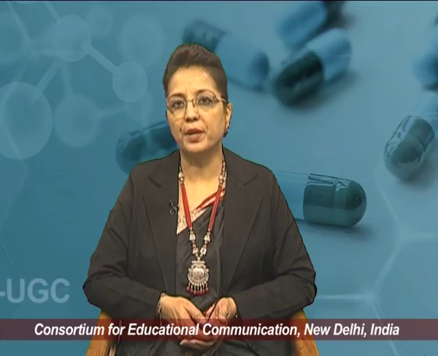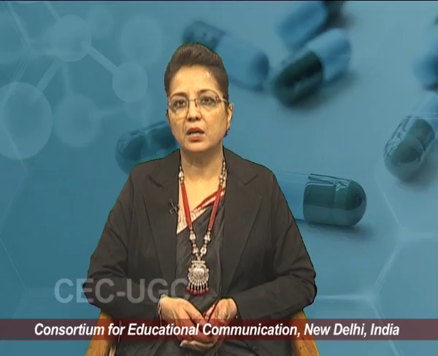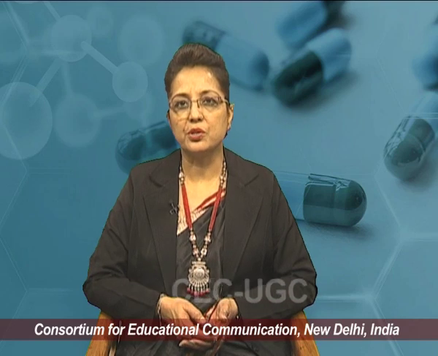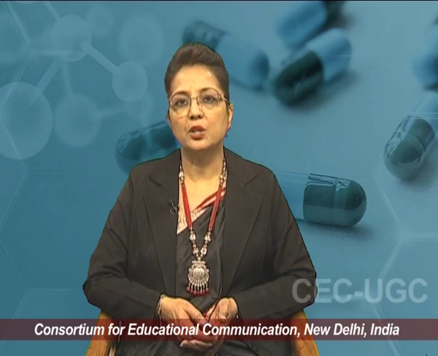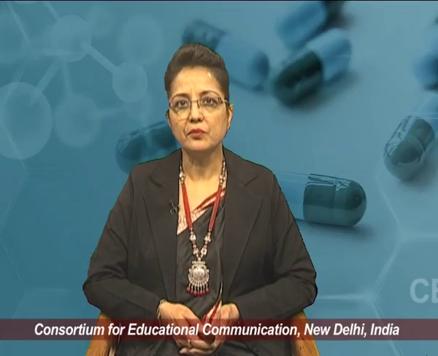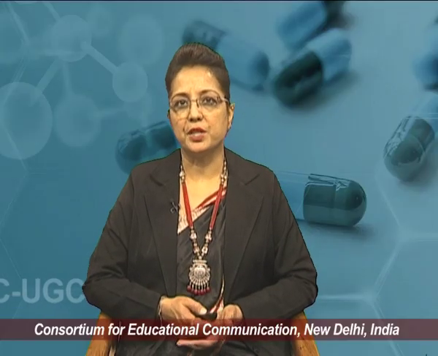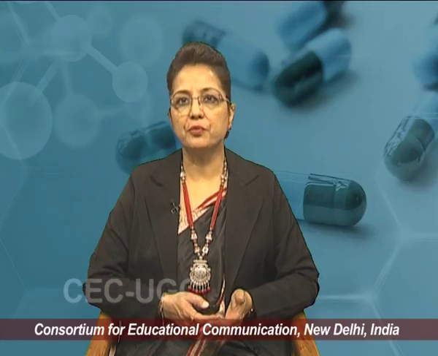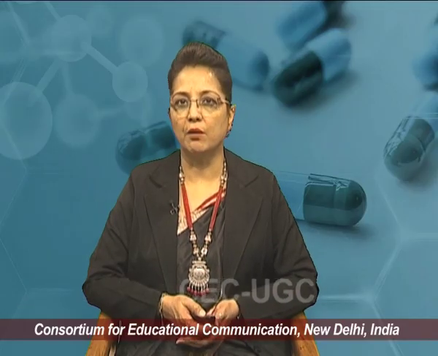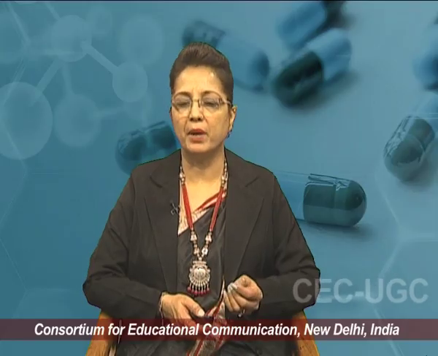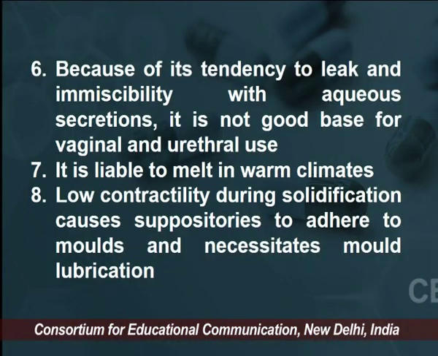So, even at room temperature, sometimes we find that the cocoa butter suppositories become very soft and lose their shape. The next disadvantage with respect to cocoa butter is that because of its tendency of becoming soft and transforming into a melted mass, it may also leak out of the body.